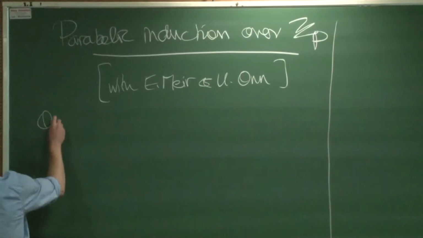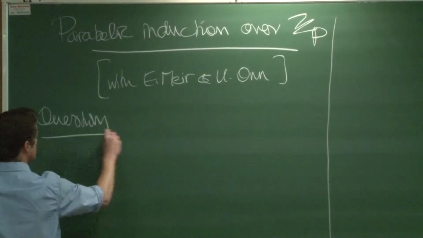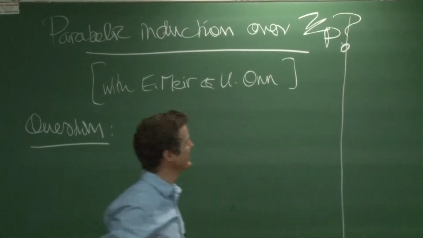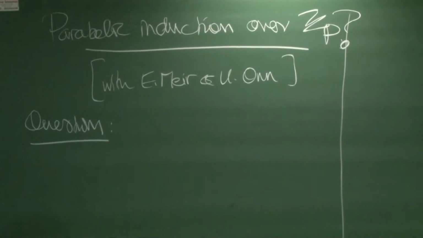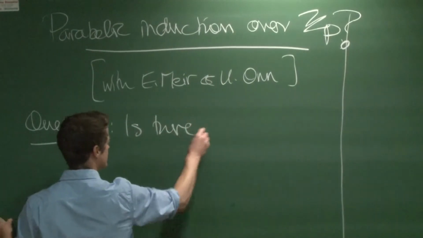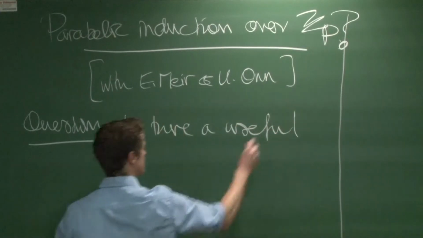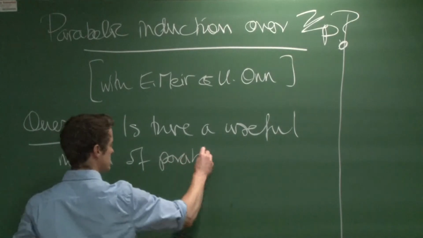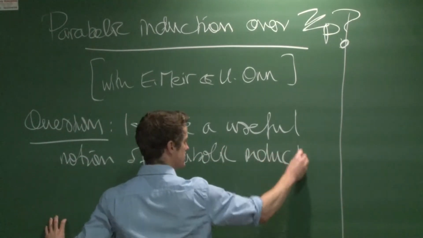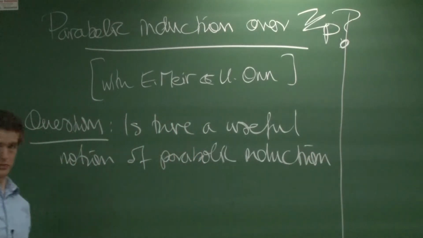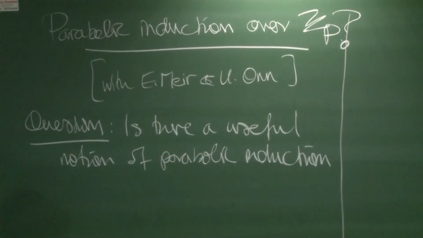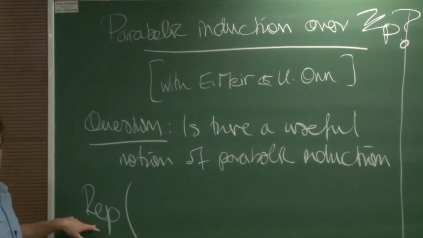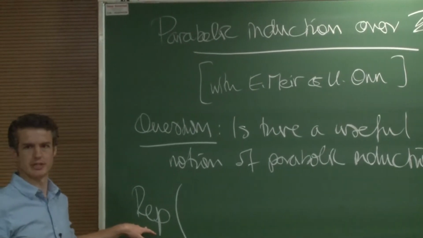So the basic question is this. Is there a useful notion of the functor of parabolic induction, or some functor which should be like parabolic induction in the following setting? Rep always means smooth, complex representations.